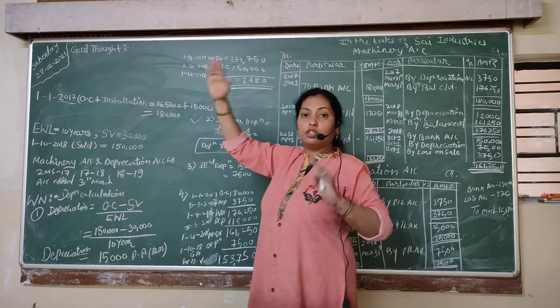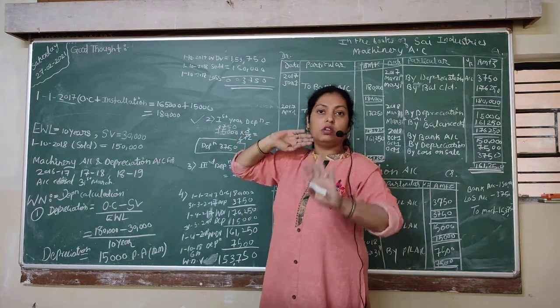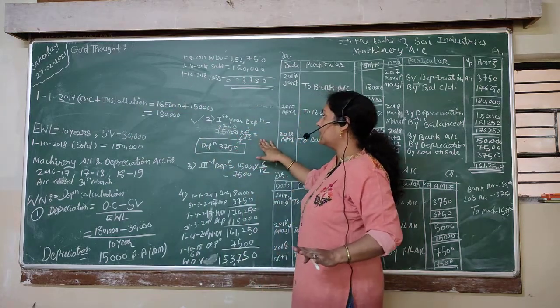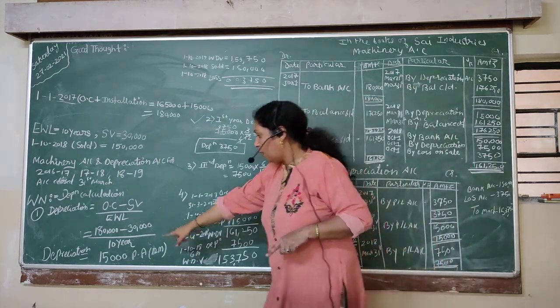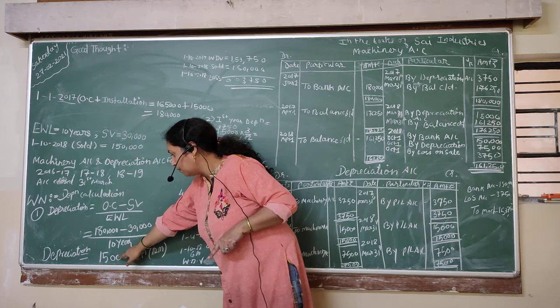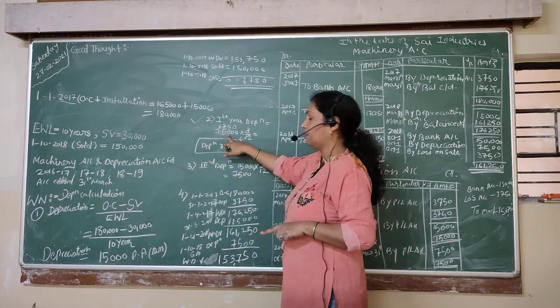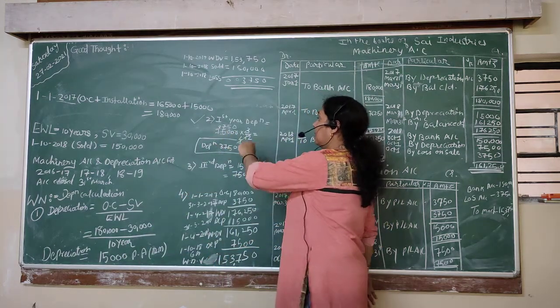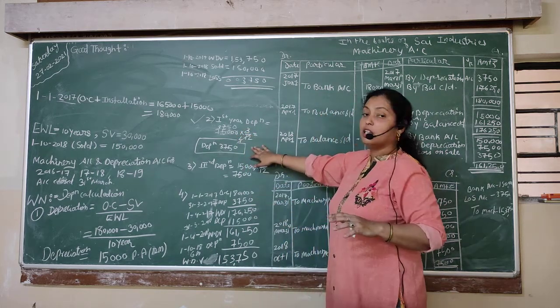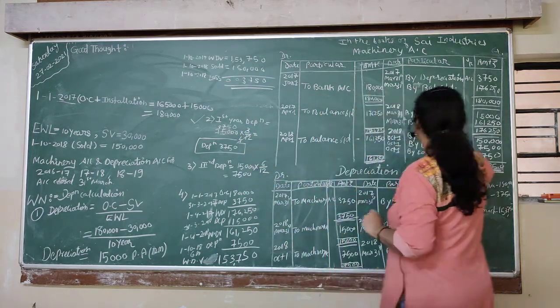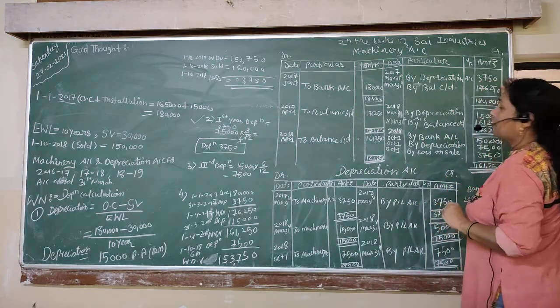So in the first year we will provide depreciation for 3 months only. So we will pick up the whole year's depreciation amount, that is 15,000, and multiply by 3 by 12, and we will get the first year depreciation, that is 3,750.